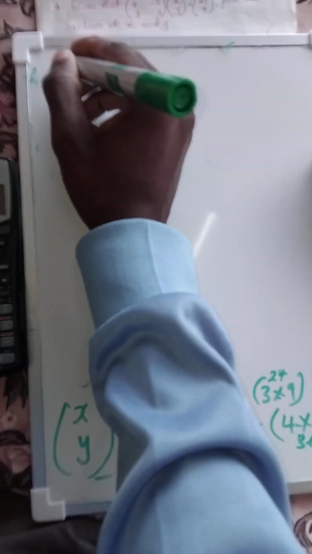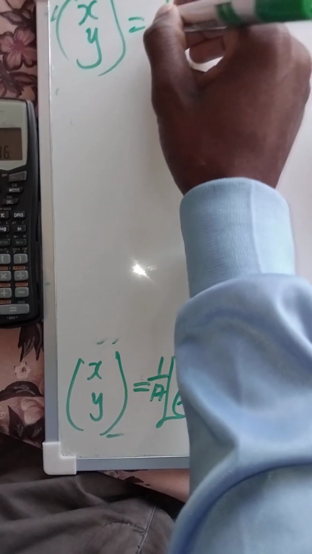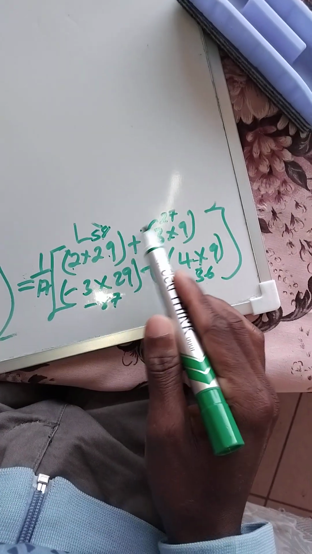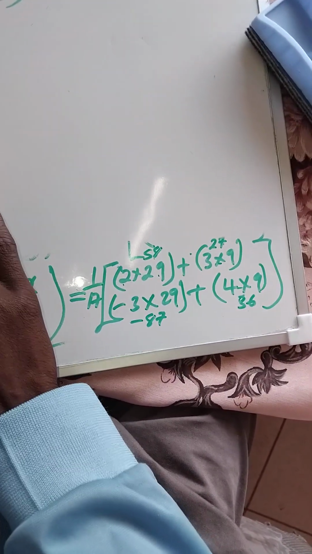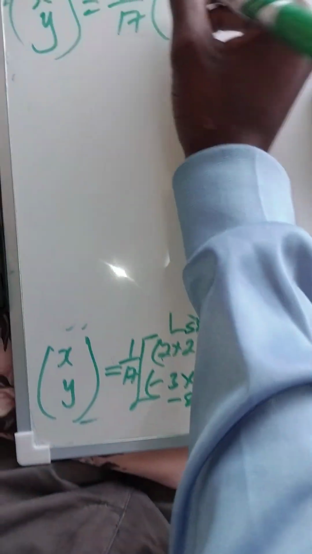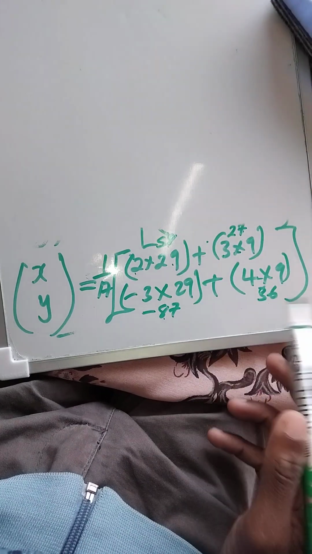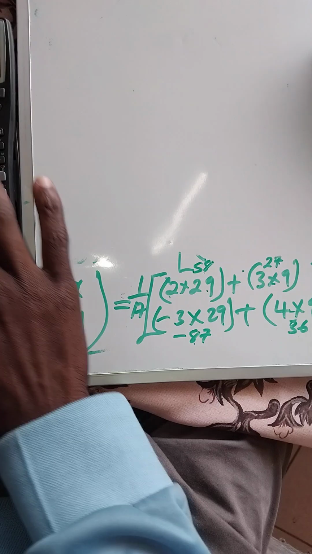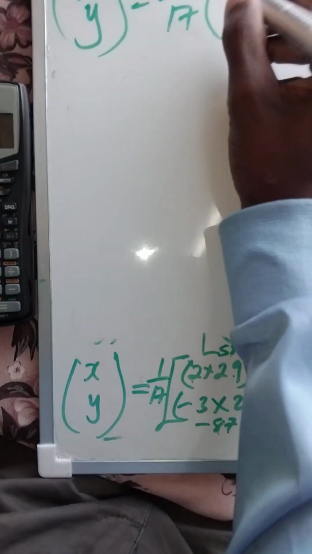So now to get x, y, don't forget 1 over 17, please. 58 plus 27 we get 85, then negative 87 plus 36, we get negative 51.